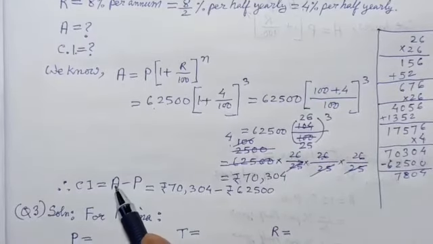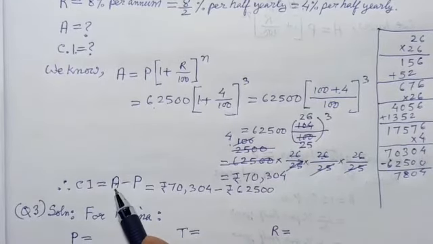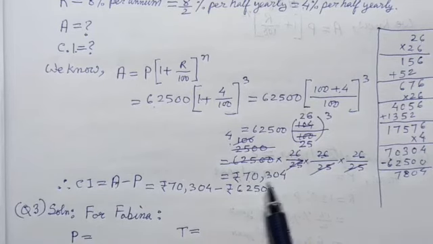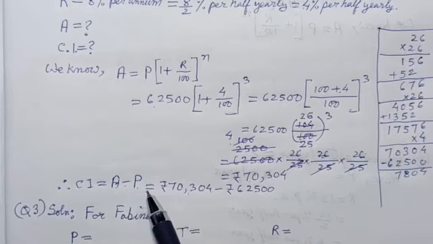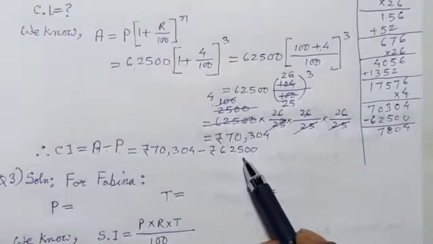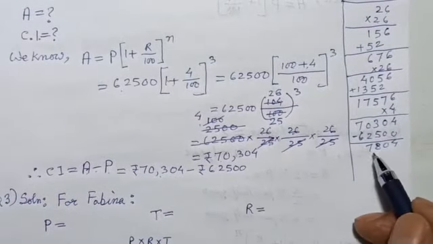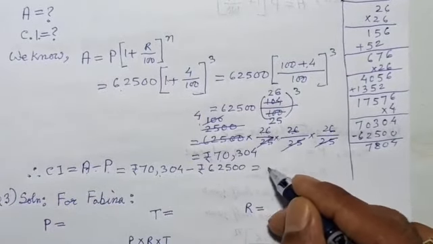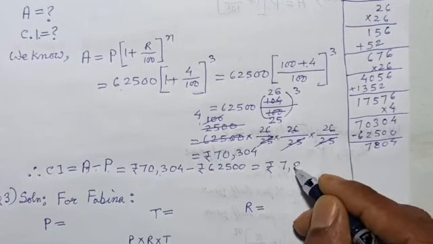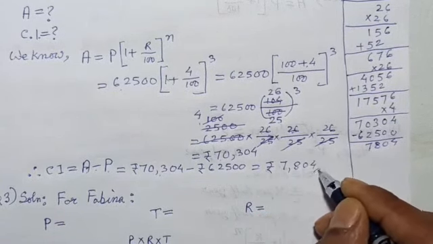So amount A is rupees 70,304 minus principal P, rupees 62,500. If we subtract these two, we get rupees 7,804. This is the answer.